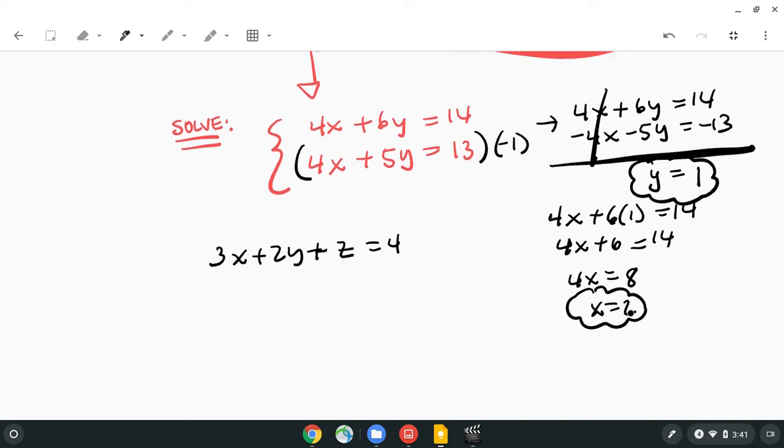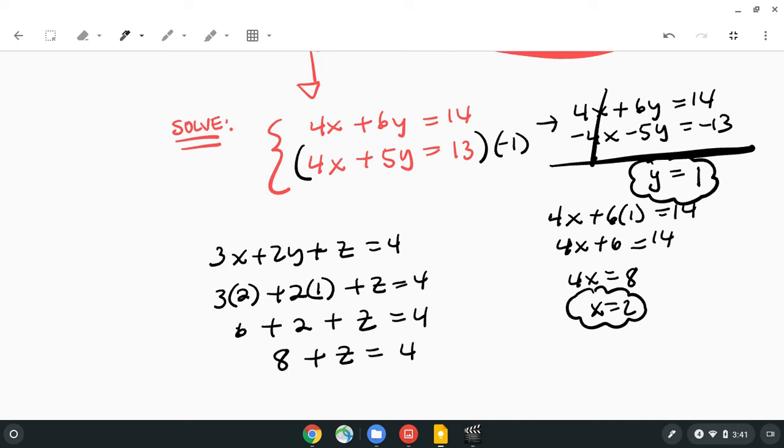So I'm going to plug in 2 for x and 1 for y, and I should be able to solve for z. So 3 times 2 plus 2 times 1 plus z, we don't know. So I get 6 plus 2 plus z equals 4. 6 plus 2 is 8 plus z equals 4.